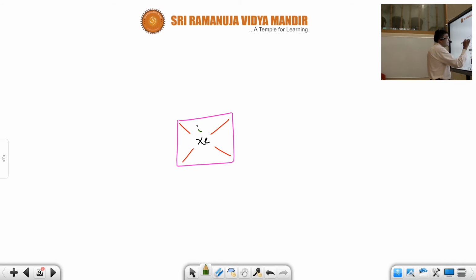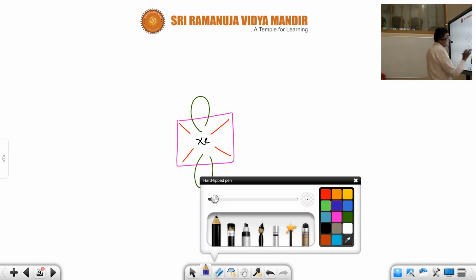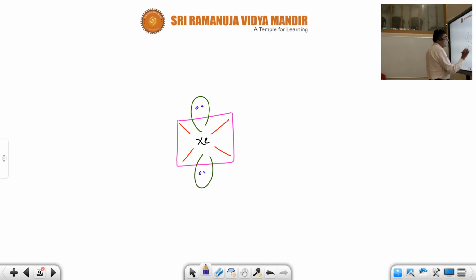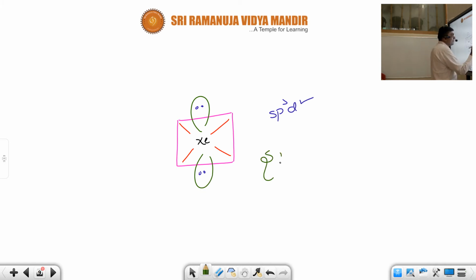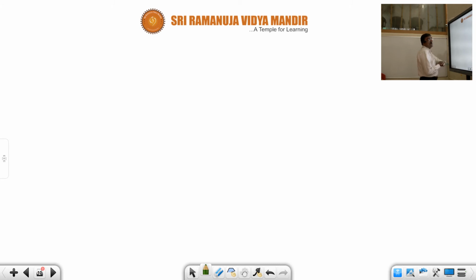You got 2 lone pairs. This is 1 lone pair and this is 1 lone pair, and naturally it comes out to be square. This is sp3d2 hybridization with what geometry? Square planar geometry. So with this, students, I hope you understood.